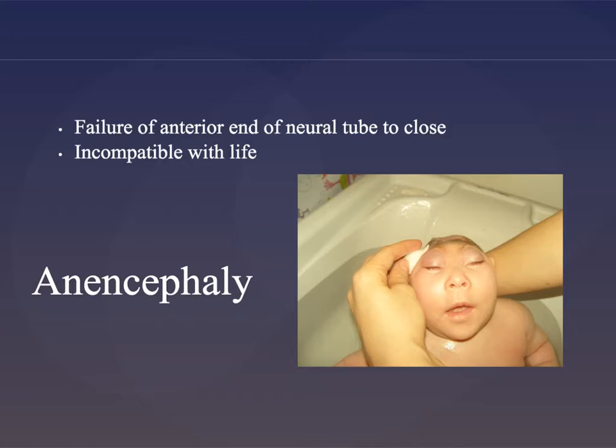This kid can breathe on its own, but most of the time they don't have a lot of abilities, because of what parts of their brain is missing. They don't have a lot of quality of life. So for instance, will they be able to walk? Will they be able to talk?